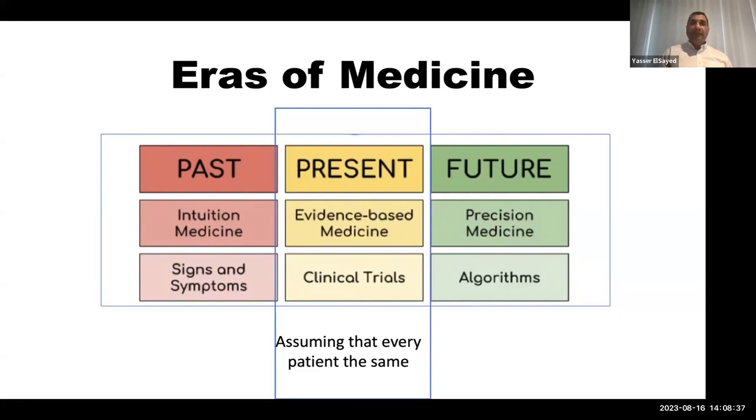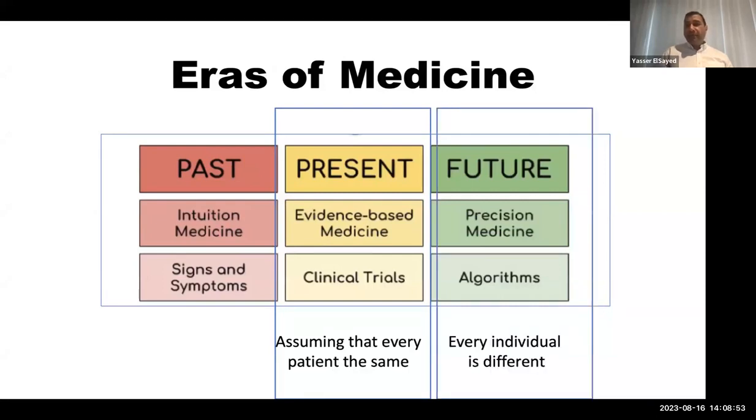But we realized over time there is a lot of limitation in relying on clinical trials, as clinical trials assume that every patient is the same, which unfortunately is not the situation in all of the diseases. In hemodynamics, we believe more in precision medicine and algorithms. That would be the future, which believes that every individual is different in phenotypes and in the hemodynamic background.